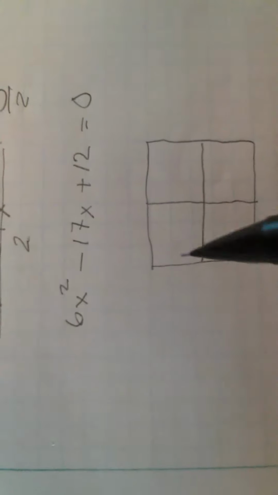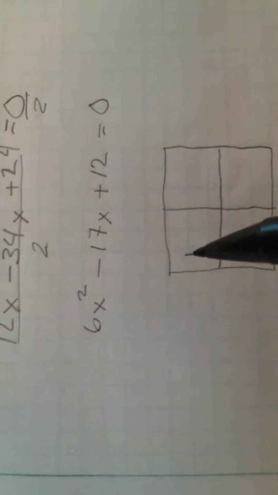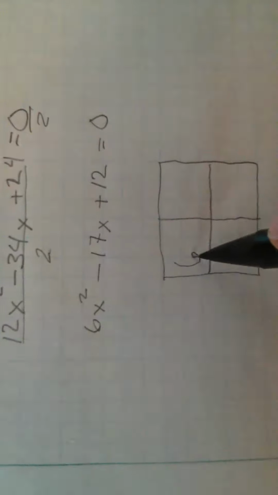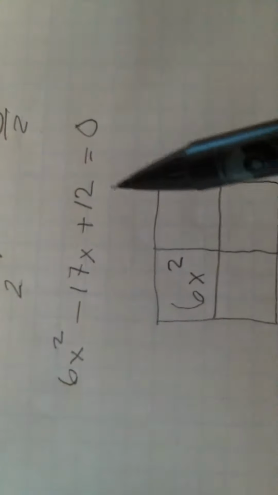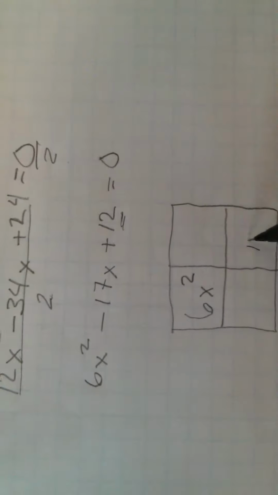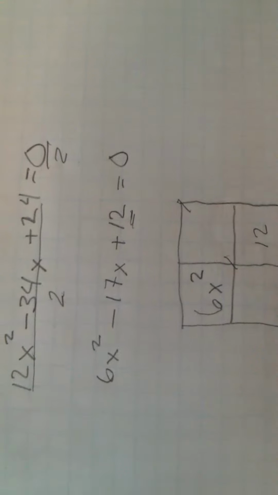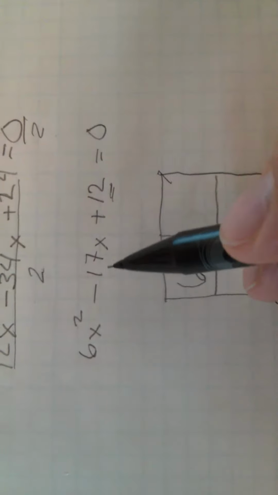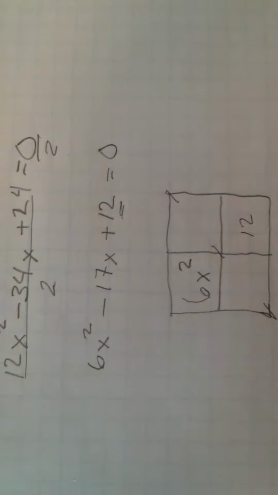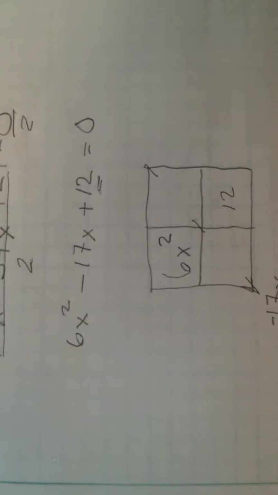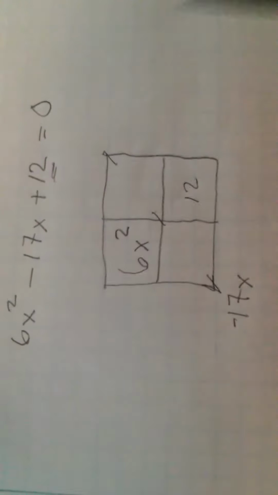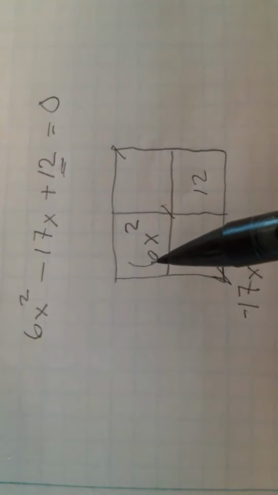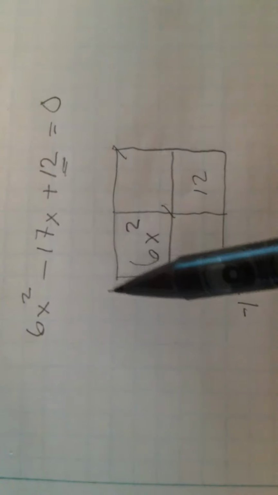Okay. In this box, we take the term with the x squared, so we put the 6x squared. Okay. In this box, we put the number that's by itself, and the sum of the center is going to be negative 17x. Okay. So it takes some experimentation and some playing around by using the box method here and making this work right.